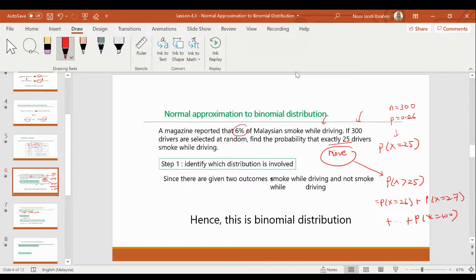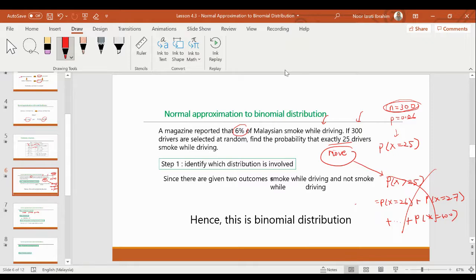This is why we have normal approximation when n is large. When n is large, you have to use the normal approximation method to find the value of probability. You have to know why we have to learn this normal approximation.